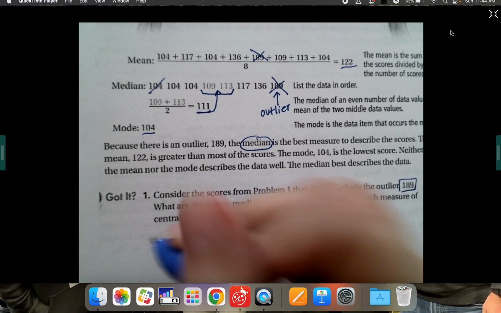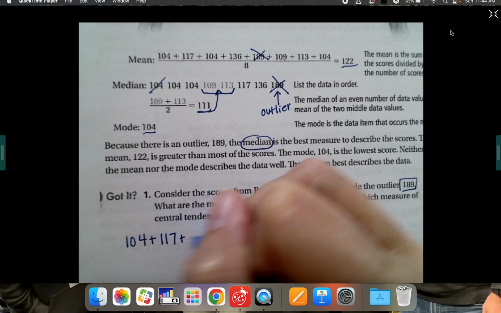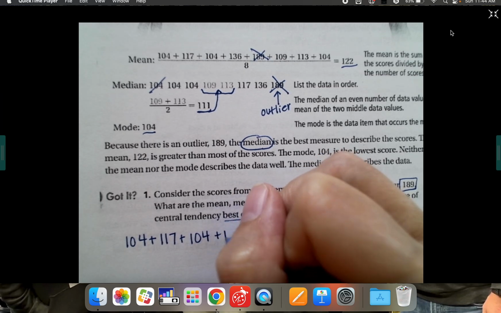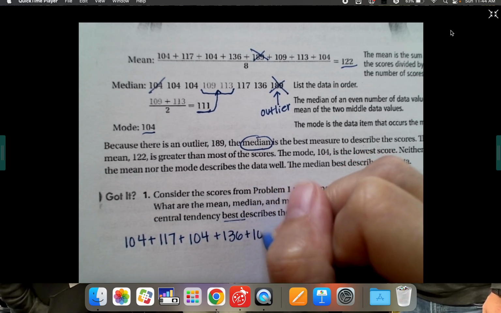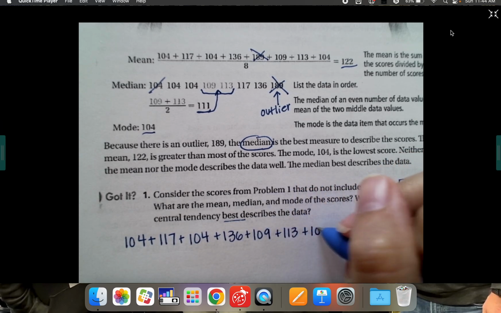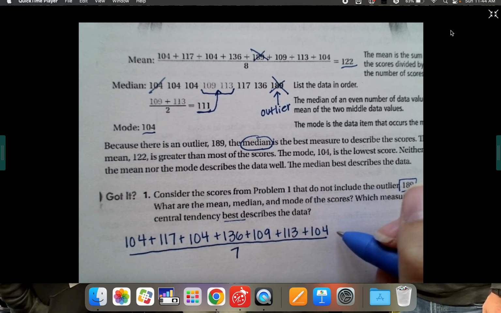So I would take 104 plus 117 plus 104, I'm just copying these numbers from up here, plus 136, I would not add 189 this time, plus 109, plus 113, plus 104, and instead of dividing by 8, I've only got 7 numbers in there now, so I would divide by 7.